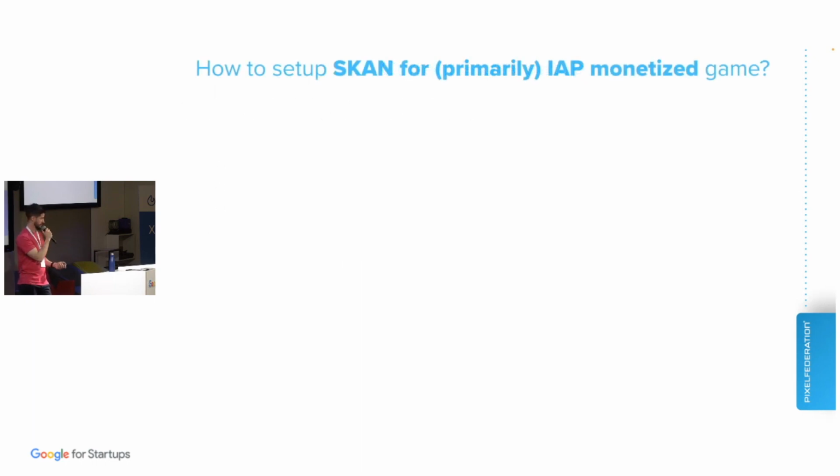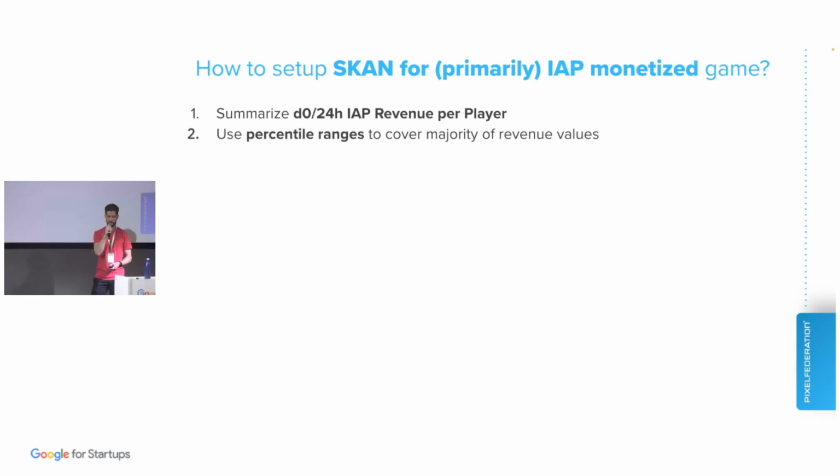And how to set up SKAN for primarily monetized games, or how we do it. Basically, we take the revenue from in-app purchases, because ads have a delay, and the real-time data from the SDK from ironSource mediation wasn't so accurate. So we are using only in-app revenue. We summarize that. Then we order those players from the lowest to highest, and then use a couple of percentile ranges to cover the majority of revenue values, so we get the best accuracy, but also cover the most frequent ones the best.